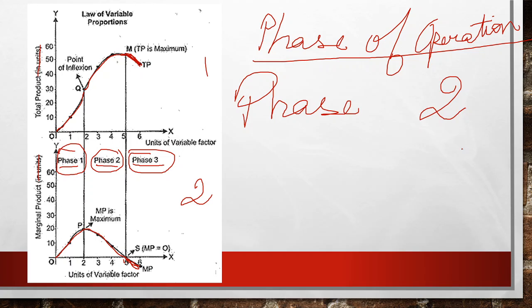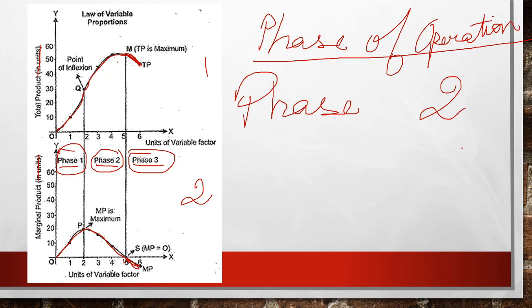Because at that stage, marginal product is negative. So this phase is ruled out on the ground of technical inefficiency, and a rational producer will never produce in the third phase. Will you want to produce when you are having a loss? No. When you employ a labor and his marginal product, the gain you are getting from him, is negative, not even zero, will you want to produce? No. So you will never produce in phase 3.